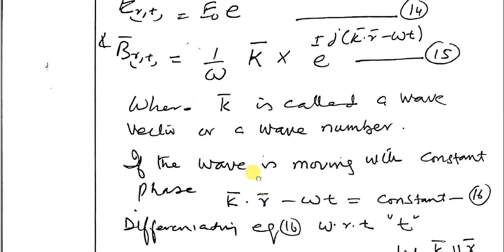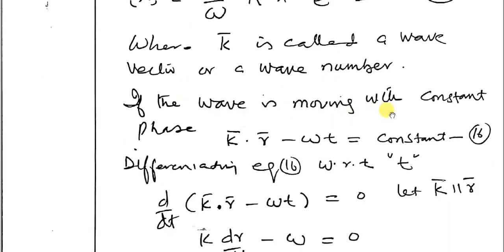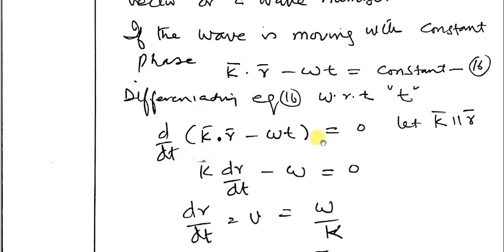If the wave is moving with constant phase, let's say k dot r minus omega t is equal to some constant quantity. Now let us differentiate this equation 16 with respect to time.